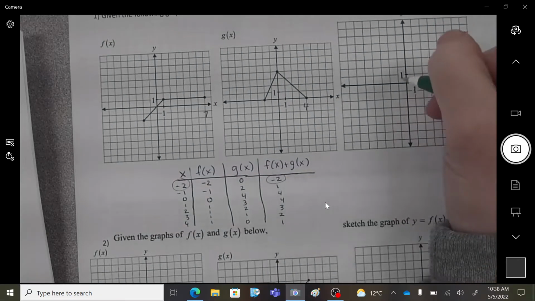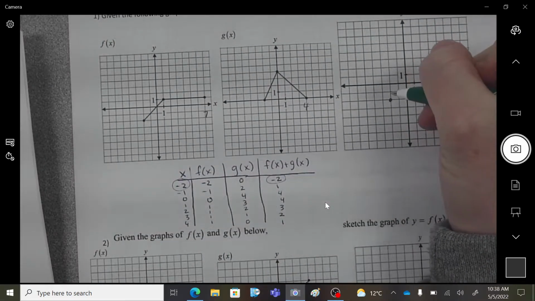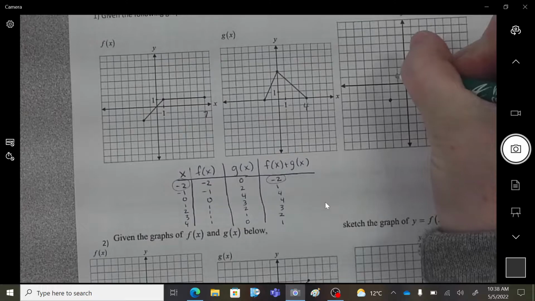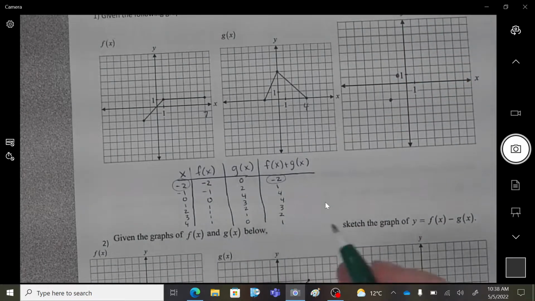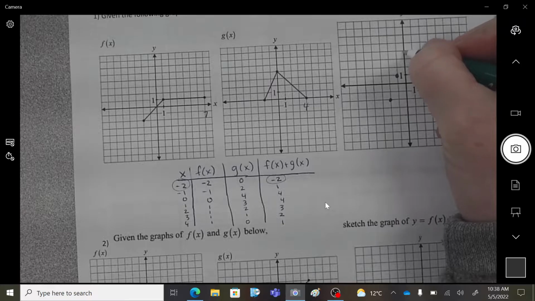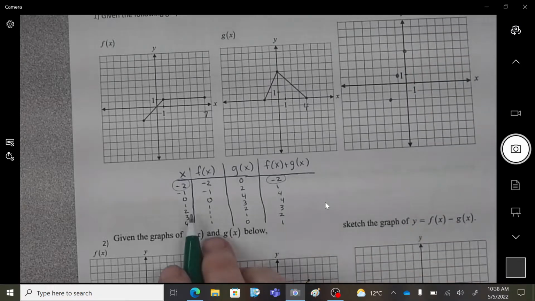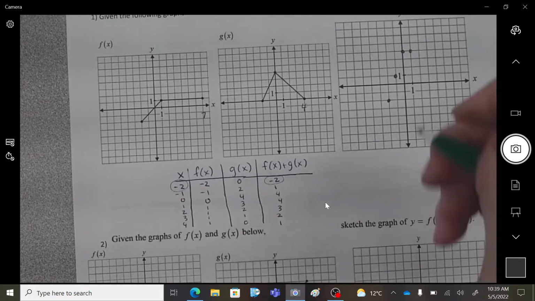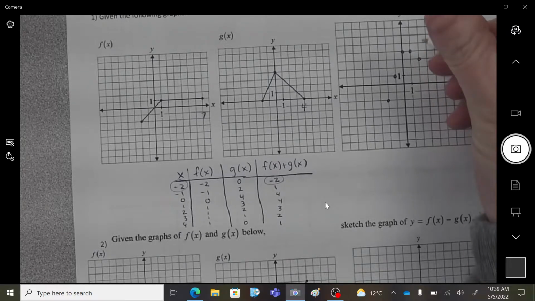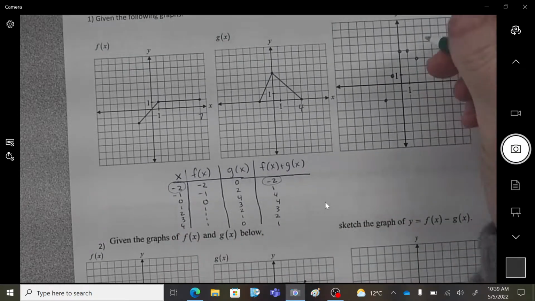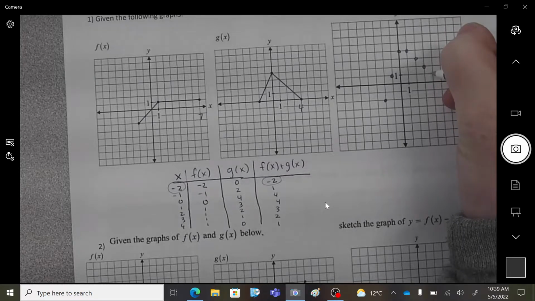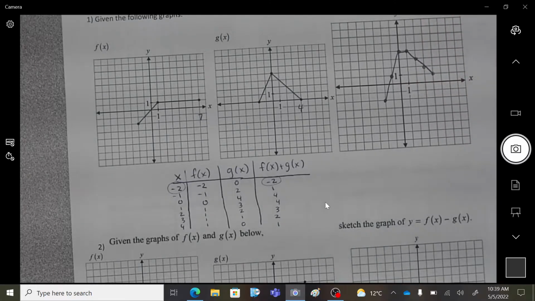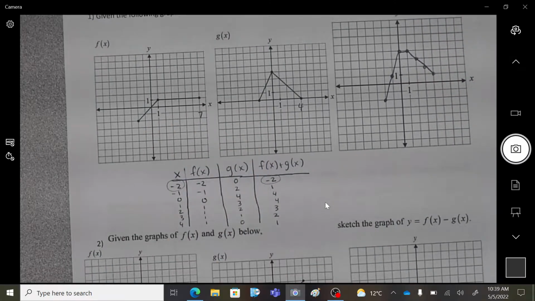So -2, -2, -1, 1, 0, 4, 1, 4, 2, 3, 3, 2, and 4, 1. Connecting them all, and there's no arrows because these do not have arrows.